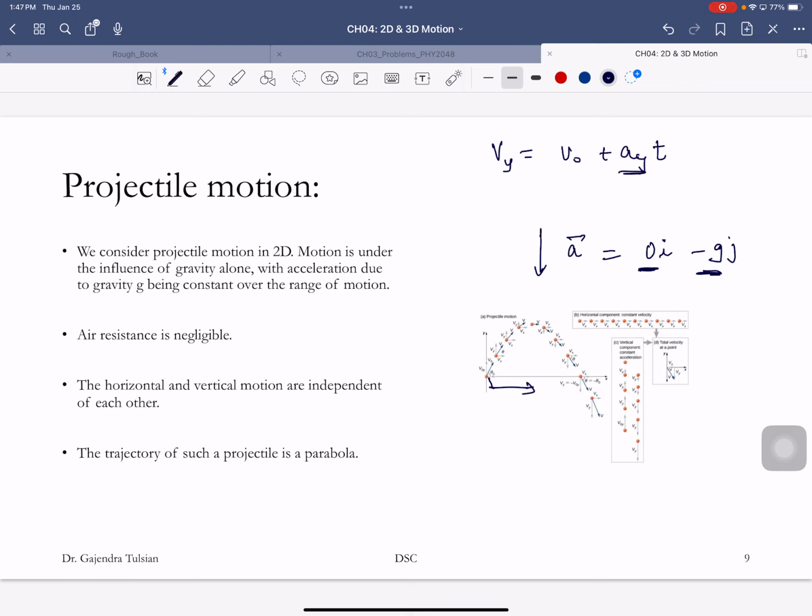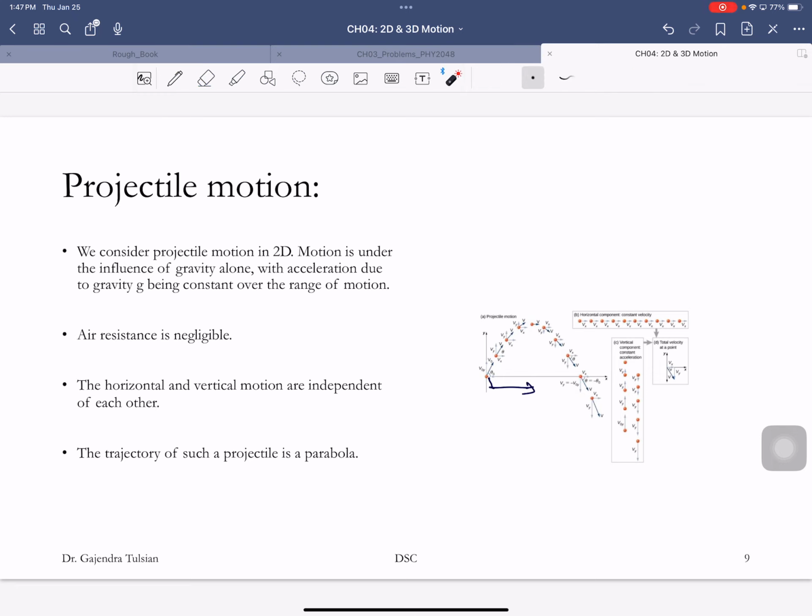Vx was equal to v naught x plus ax times t. This guy was 0, so the x component of the velocity remained constant. That's what this diagram is showing you.